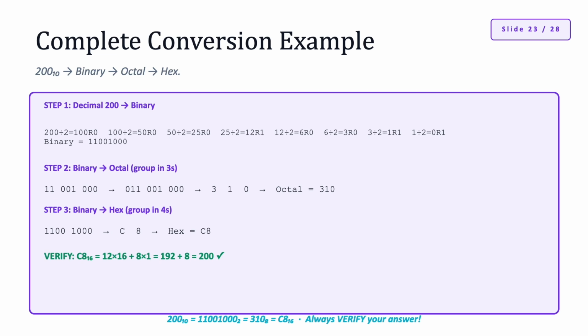So 200 decimal equals 11001000 binary equals 310 octal equals C8 hex. Verification: C8 hex equals 12 times 16 plus 8 times 1, equals 192 plus 8, equals 200. Always verify your answer. It takes 10 seconds and catches mistakes.